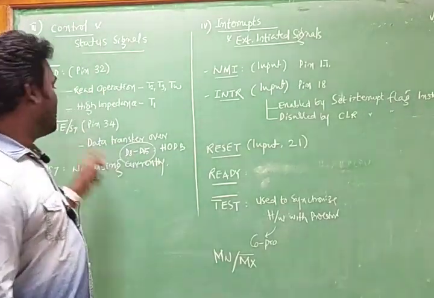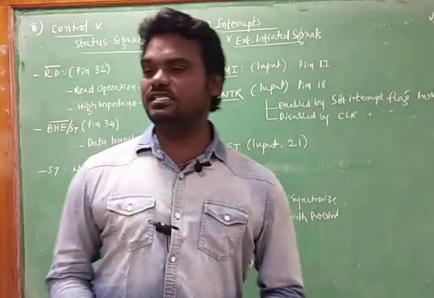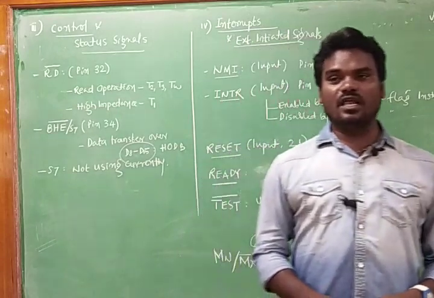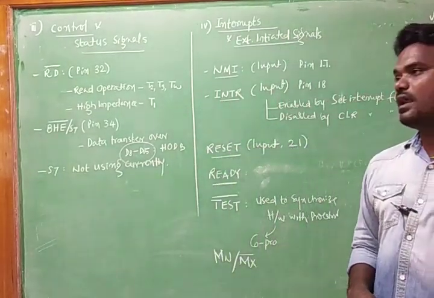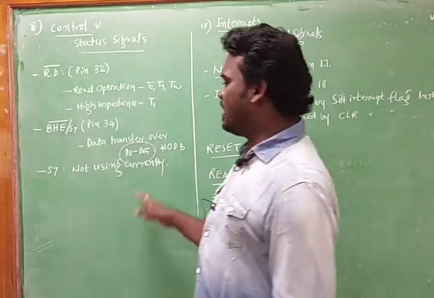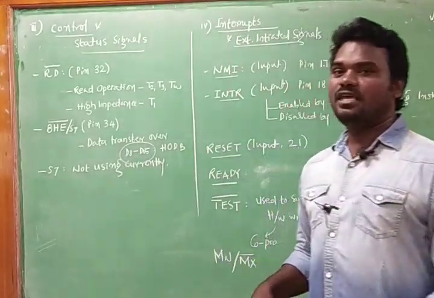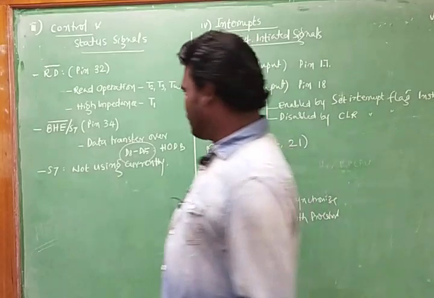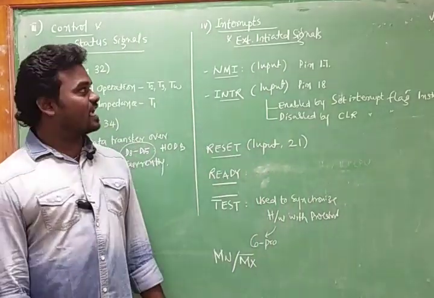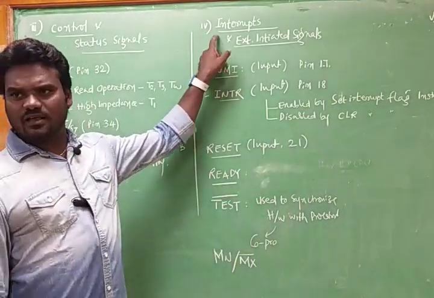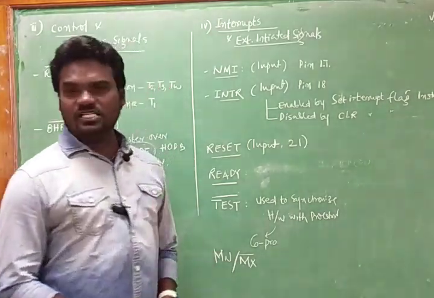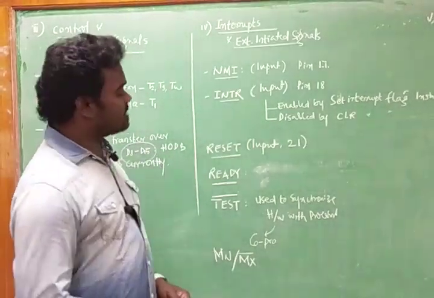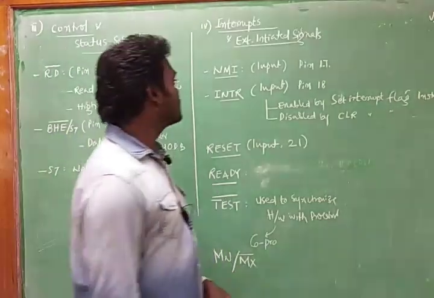Coming to BHE, the bus high enable signal, it is also an active low input signal, which is used to transfer the data over the higher order data bus. And S7 does not have any significance, so we have to go with the fourth classification, that is interrupts and externally initiated signals.